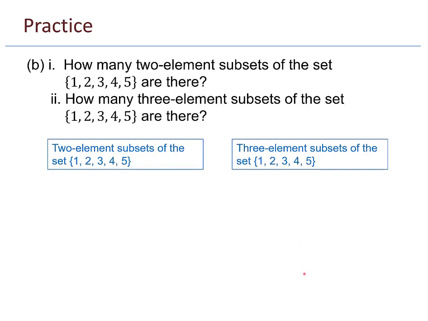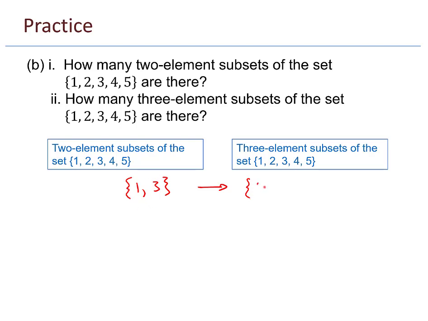For part B, let's see, 2-element subsets of the set 1, 2, 3, 4, 5. So let me just make something up. How about 1 and 3? What set should that correspond to in terms of 3-element subsets? Do you see what it is? How about if I take all the numbers that aren't in that set?